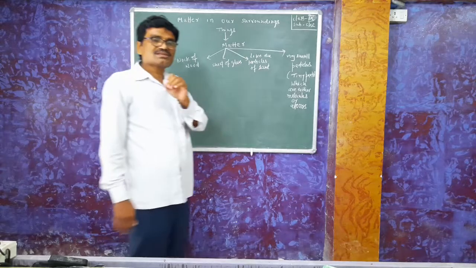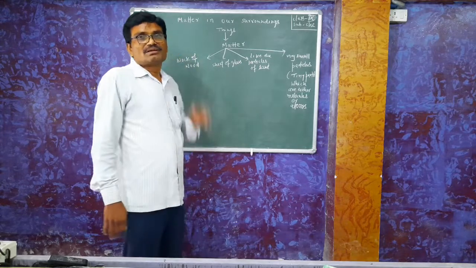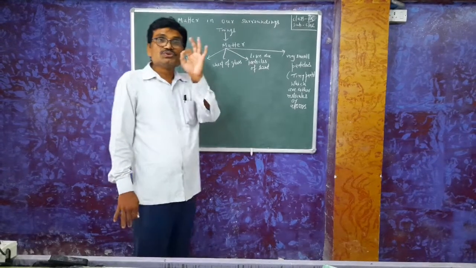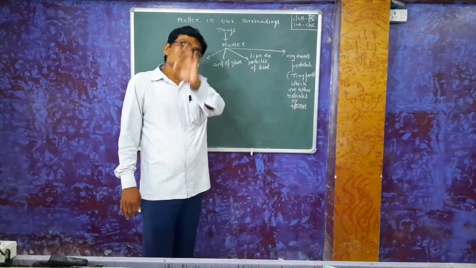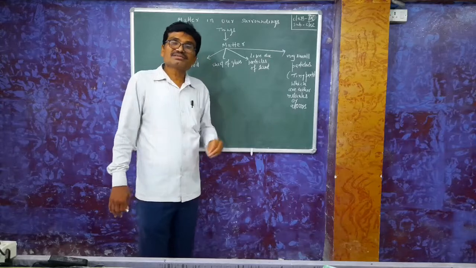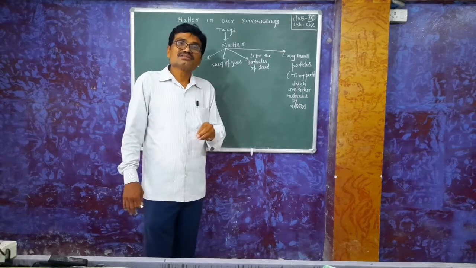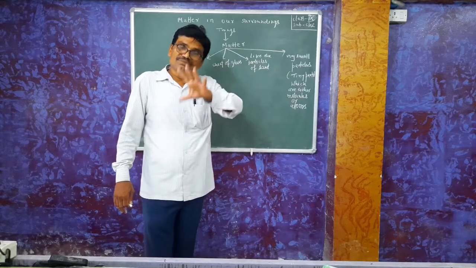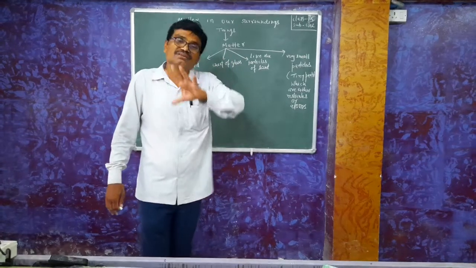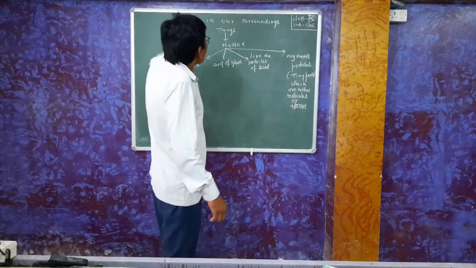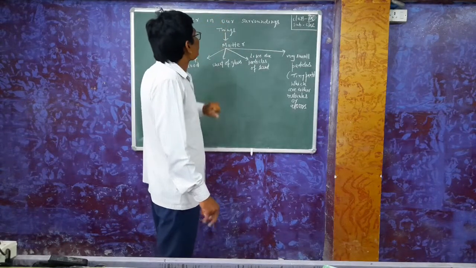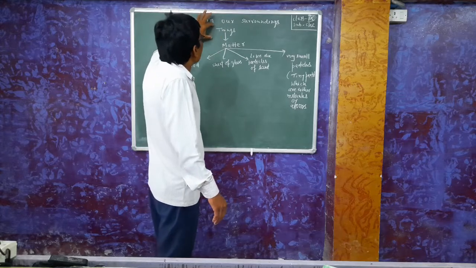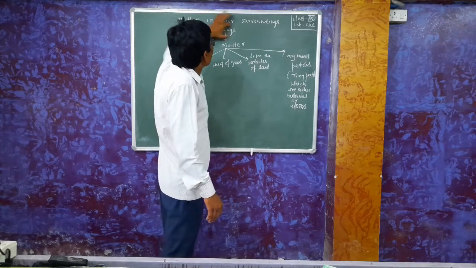In the previous class, I discussed two types of things, living things and non-living things, briefly. Now we want to discuss how things are formed, how they are made.